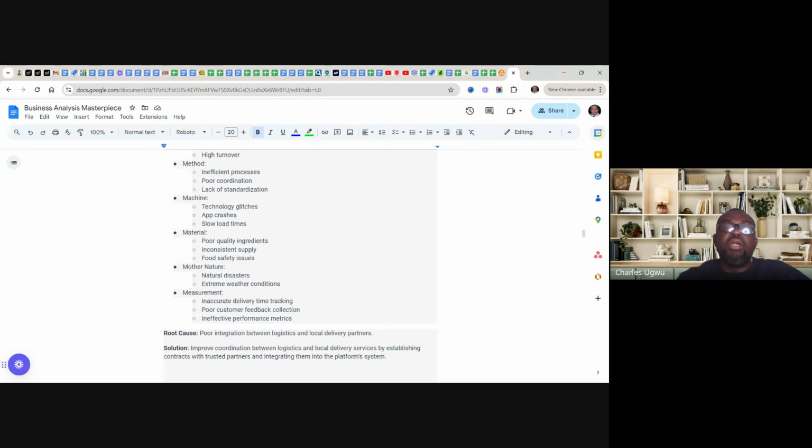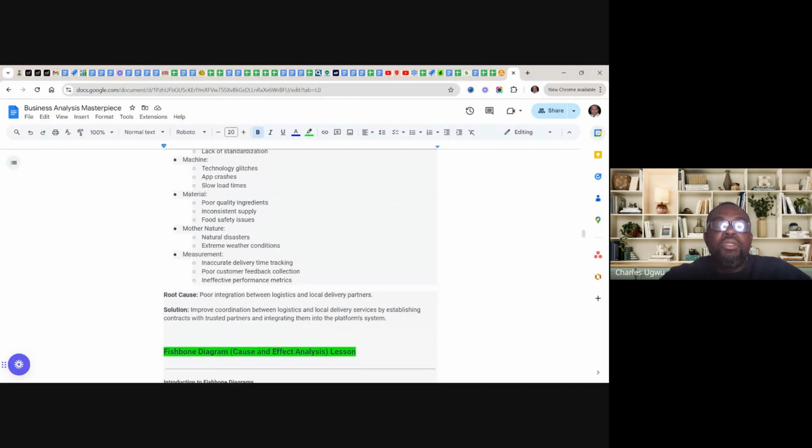We've done a thorough brainstorming and captured everything. This will make sure that we are leaving no stone unturned in trying to unravel the root cause of the problem of why we're having poor customer satisfaction. And this could point down to poor integration between logistics and local partners.